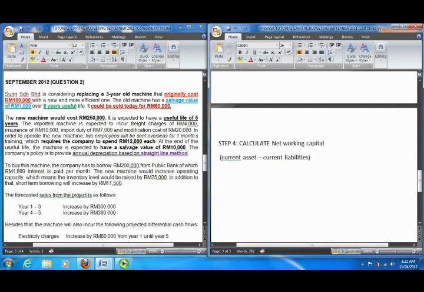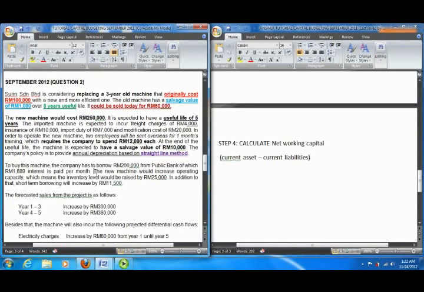Class, the formula for net working capital here is current asset minus current liabilities. So as you can read in the question, to buy this machine, the company has to borrow 200,000 from Public Bank, of which 1,889 interest is paid per month.